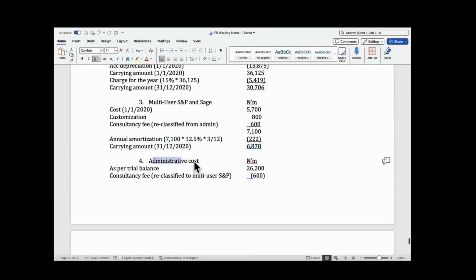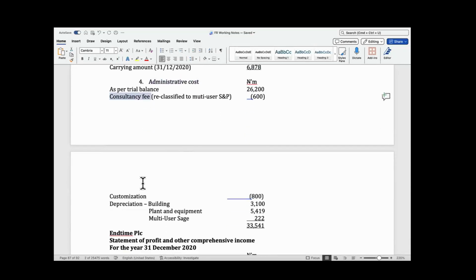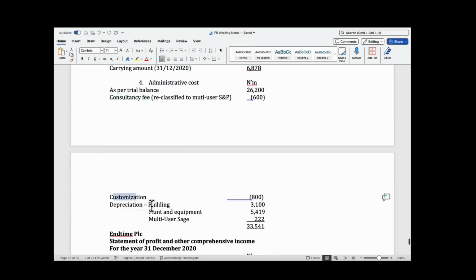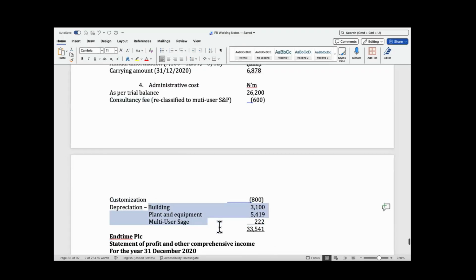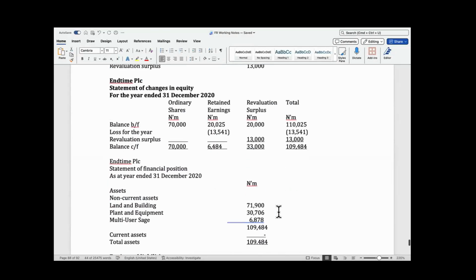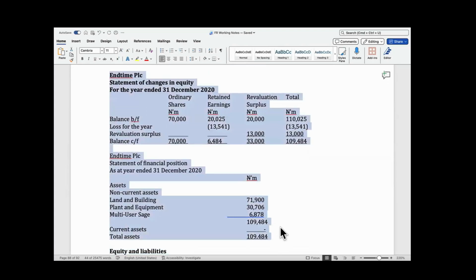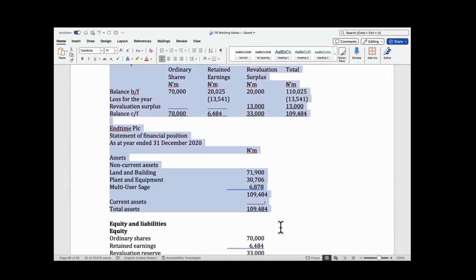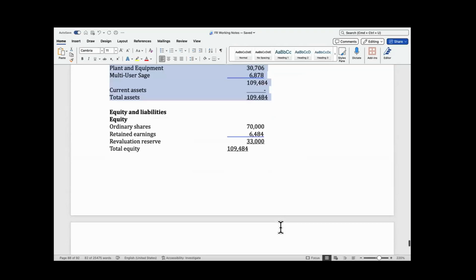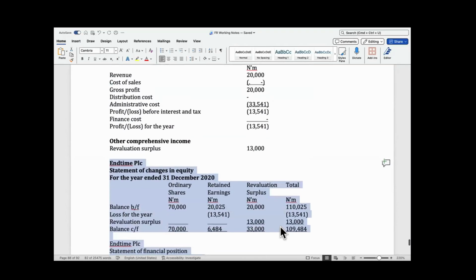And you see that I then removed those items from admin, the consultancy and customization costs. And all the depreciation that I've calculated, I added it to admin. So I just did an extract of the P&L. So don't really focus so much on this for now. I'm still going to do 2 or 3 unpublished classes for you where we'll solve questions like this, but that will be around April.